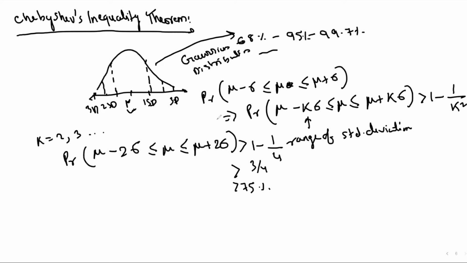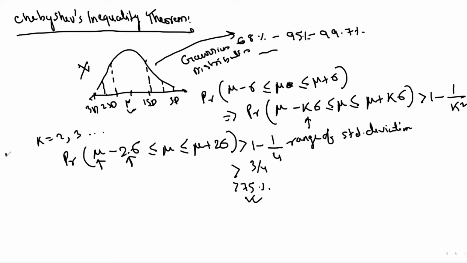So 75% of the data points will fall between its mean and second standard deviation. This is what Chebyshev's inequality theorem says if that particular distribution is not a Gaussian distribution.